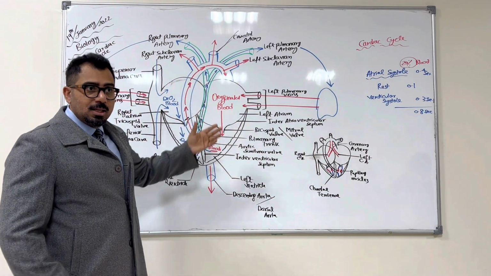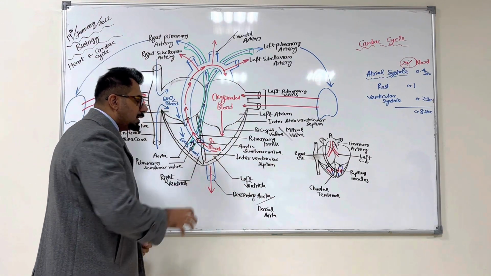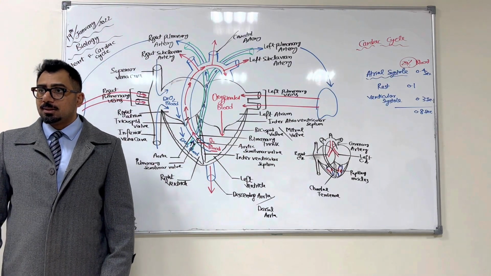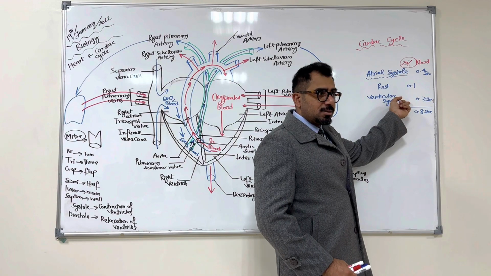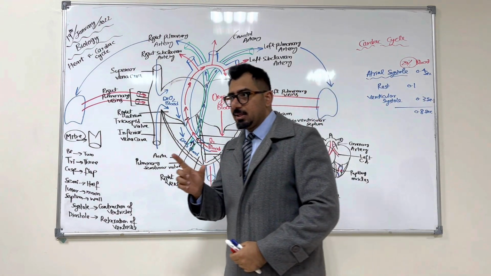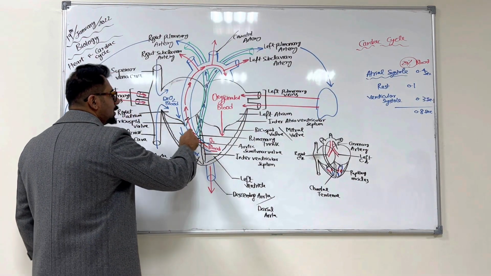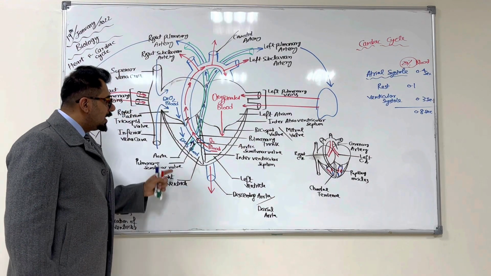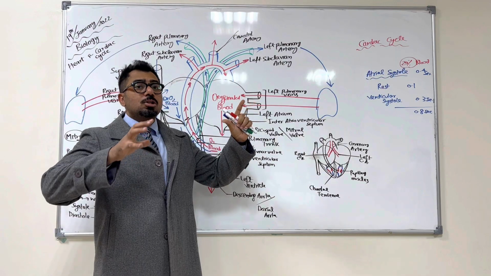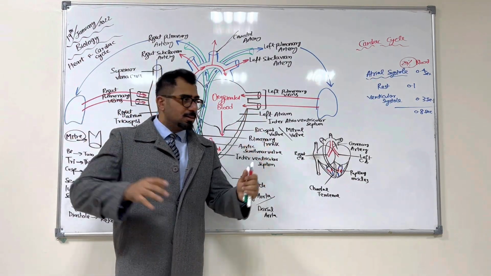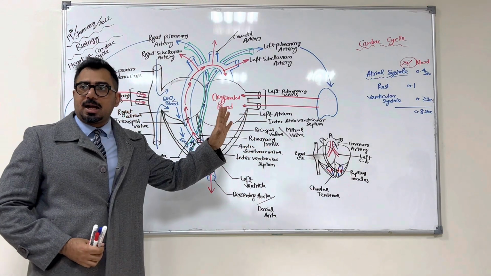Understood, everyone? Now when the blood reaches the ventricles, they contract for 0.3 seconds. And when they contract, they will pump the blood where? Into the aorta and pulmonary trunk. Understood? So this is how one complete cardiac cycle completes.